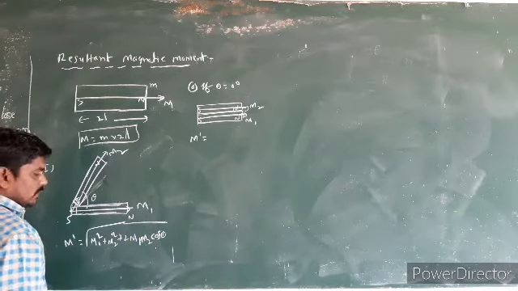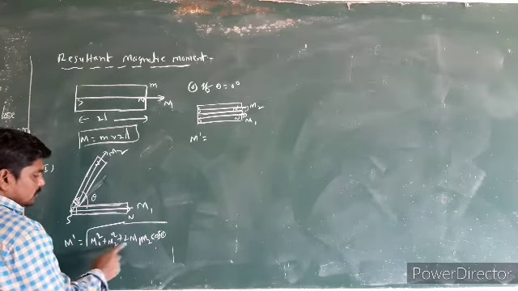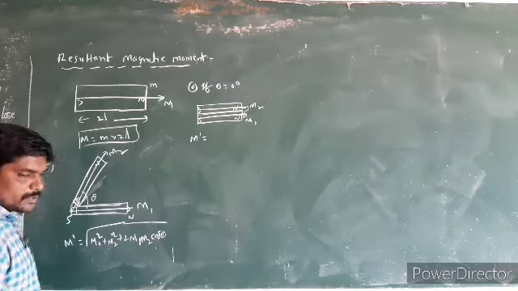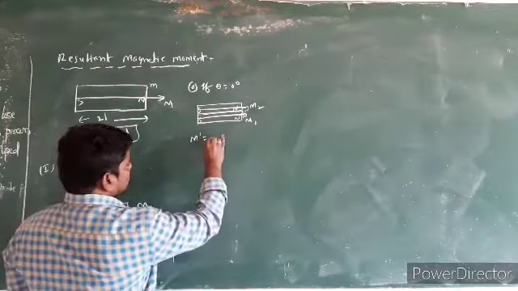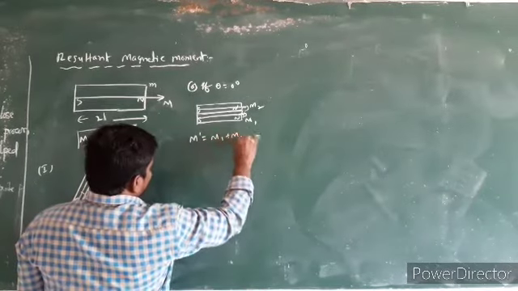Cos 0 value is 1, so it is root of M1 square plus M2 square plus 2 M1 M2. Like A square plus B square plus 2AB, which is A plus B whole square, the root gives A plus B. So M dash is M1 plus M2.